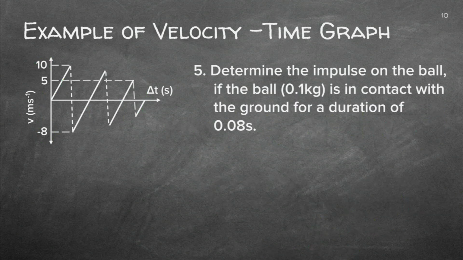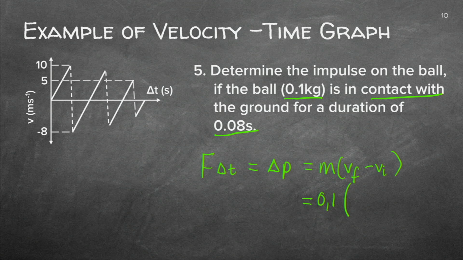Determine the impulse on the ball, if the ball has a mass of that and the contact of the ball has a duration of 0.08. So I've got to calculate the impulse. I know the delta P is actually m(VF minus VI). I'm going to take the mass.